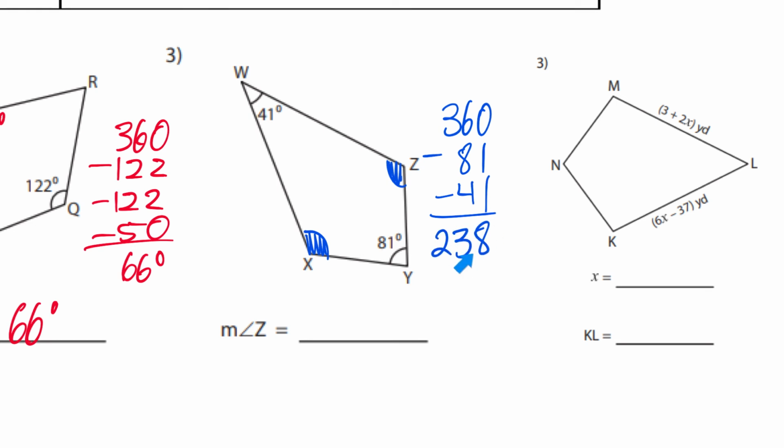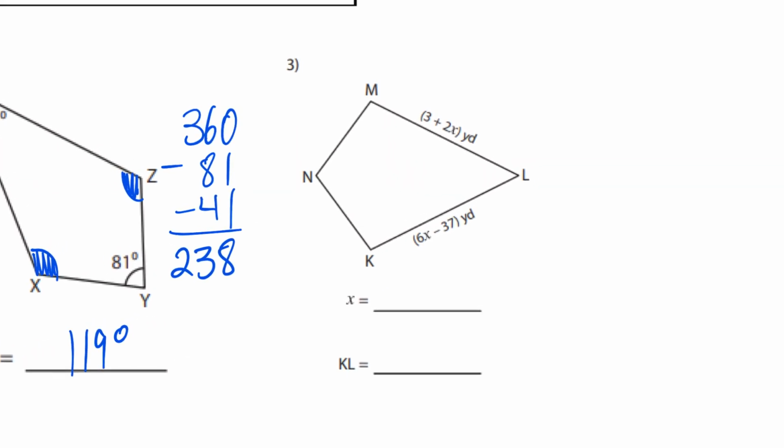So there's 238 degrees left to split evenly between these two since they're the same. So I divide by 2. 238 divided by 2 is 119 degrees.